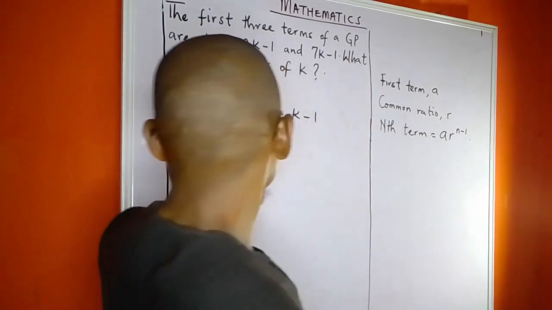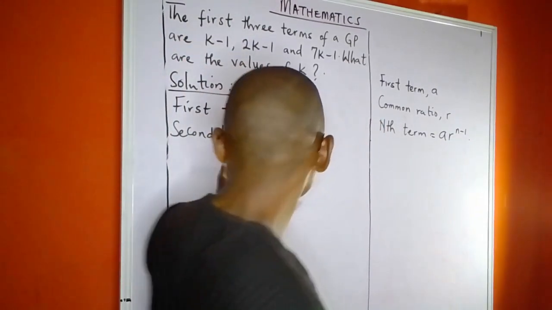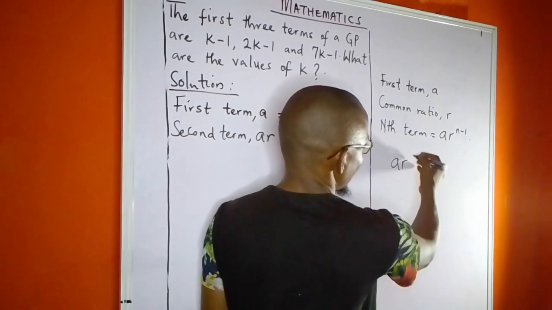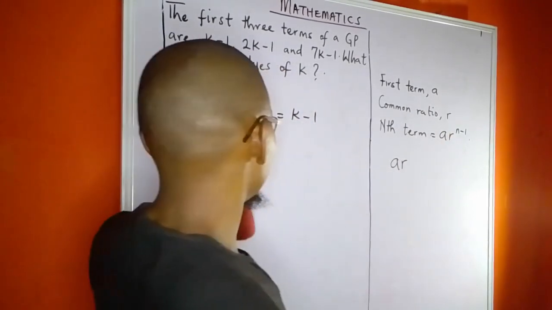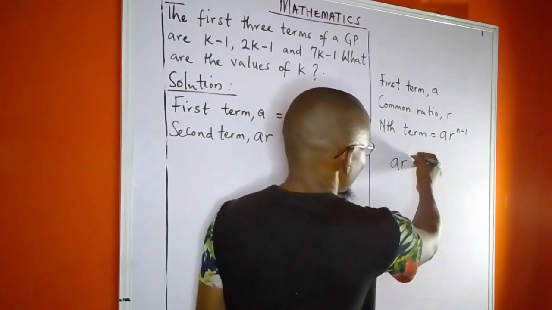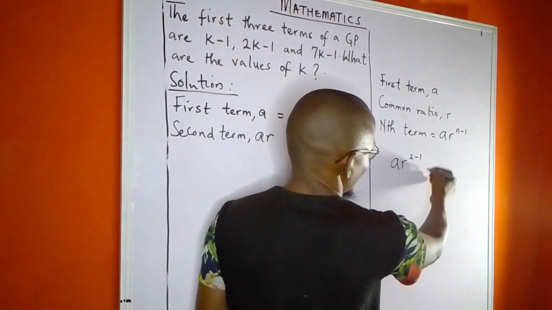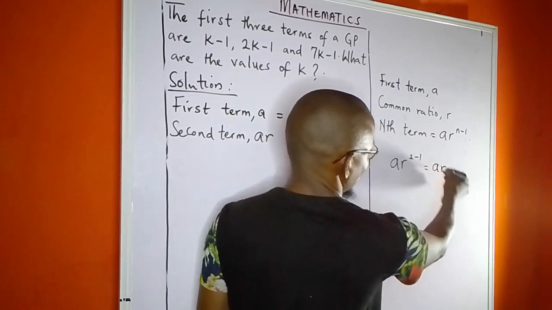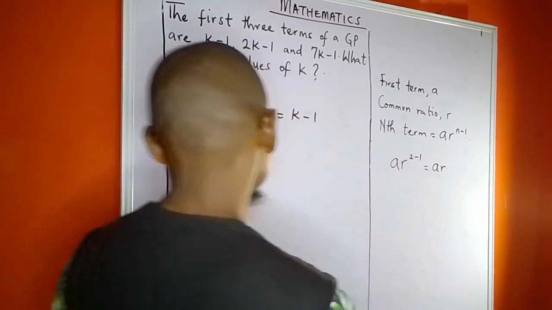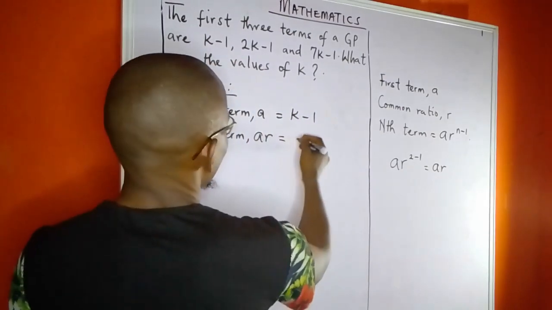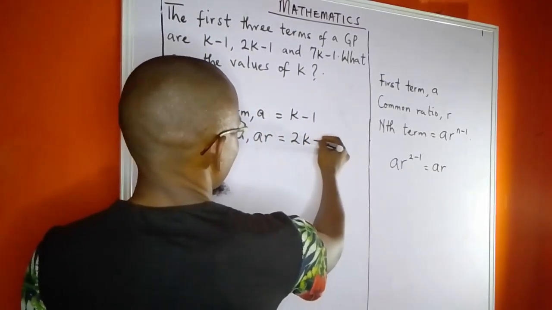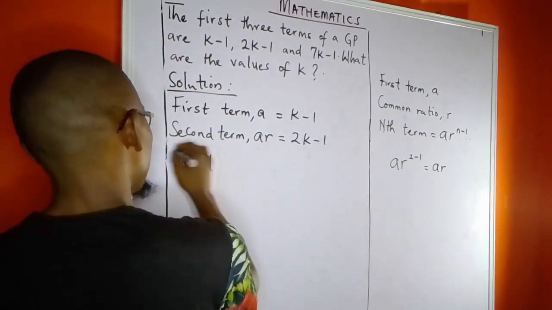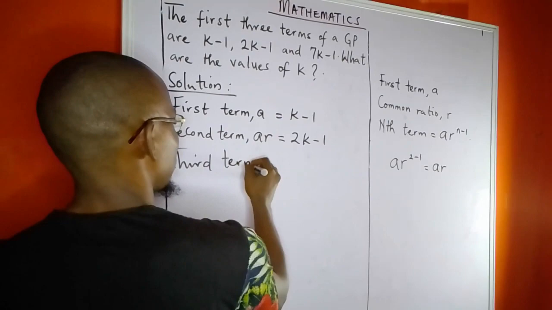When you are talking about the second term using this formula, n is 2, so it will be 2 minus 1, which is 1. So this gives us A R, the second term. And they say the second term is 2k minus 1.